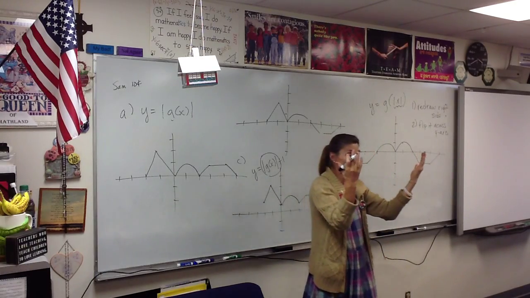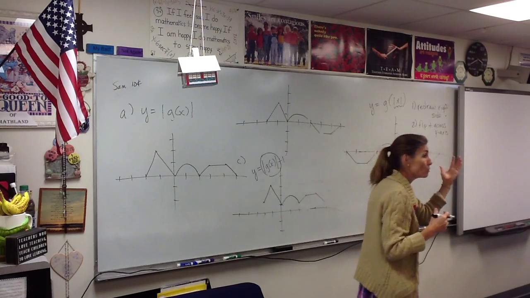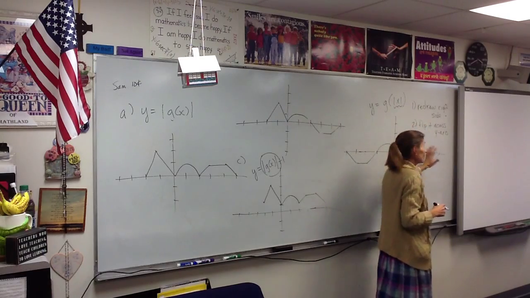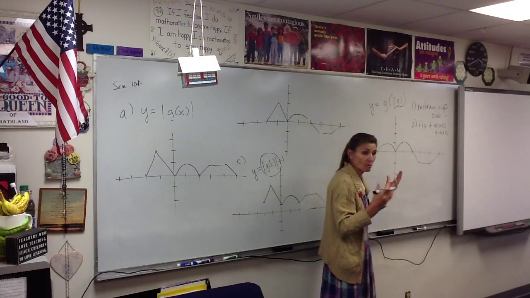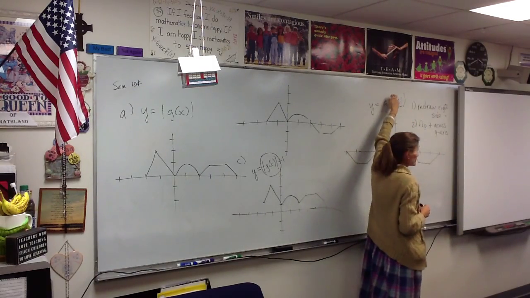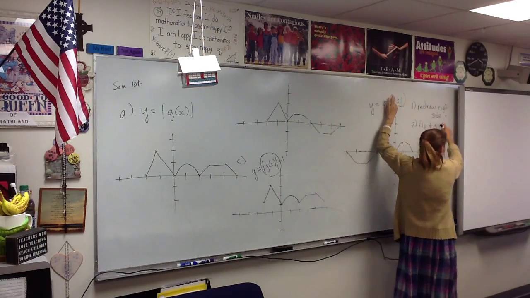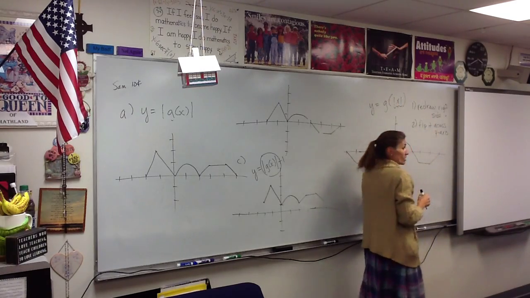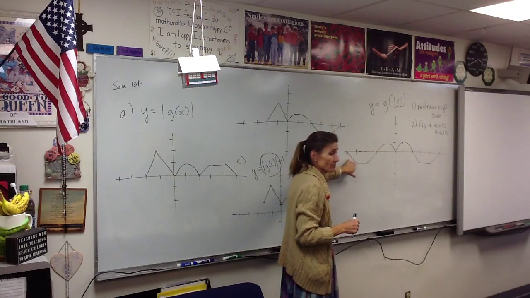The right and the left side will be mirror images of each other, because as long as you're taking absolute value, there's no difference between positive x's and negative x's. They're all the same. So if you have just the absolute value of x, you redraw the right side exactly as it is, and then flip it across the y-axis. That's the answer.